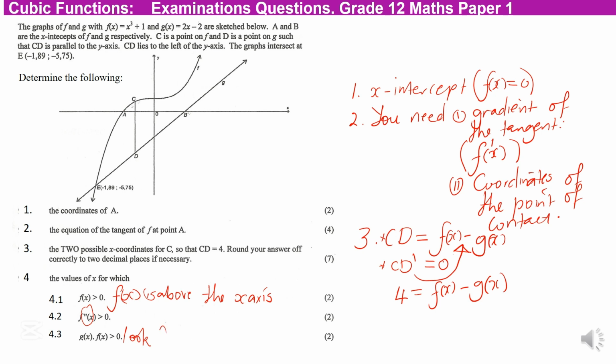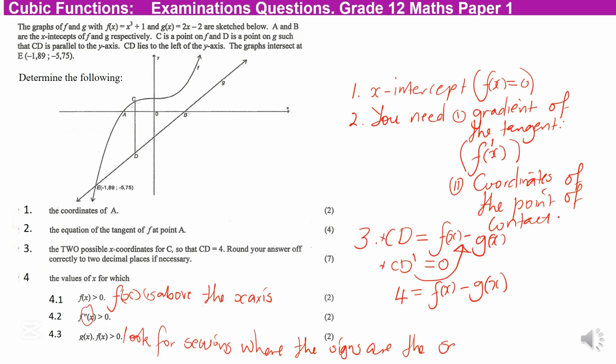Look for a section or sections where the signs are the same. You must find somewhere where the signs are the same, because if you multiply a negative and a negative, you get a positive. If you multiply a positive and a positive, you get a positive.